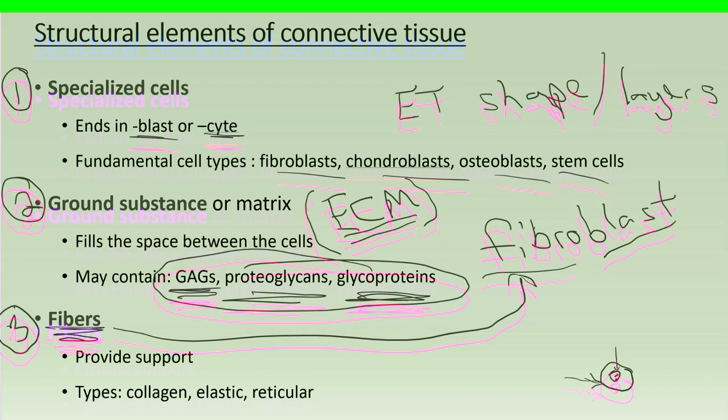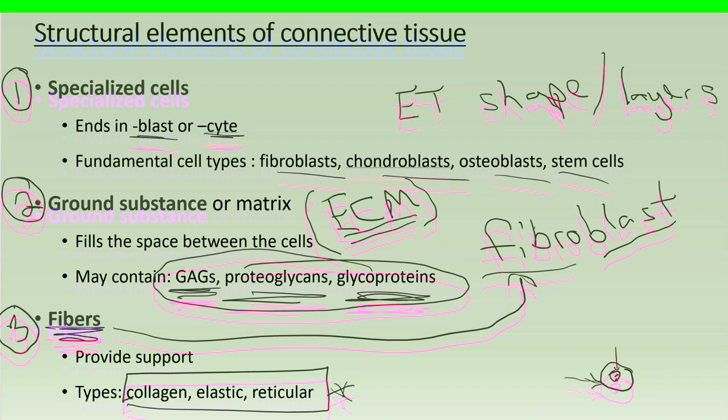Basically, these are all different substances found in your extracellular matrix that allow it to be more liquidy or less liquidy, harder or looser or softer, more flexible or more elastic, whatever it is that you need. The three key types of fibers that we look at with regards to connective tissue are going to be collagen, elastic fibers, and reticular fibers. And for each of the types of tissue, we'll look at what types of fibers they actually contain.